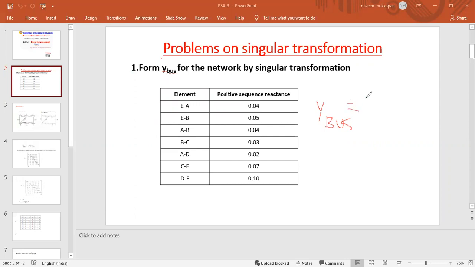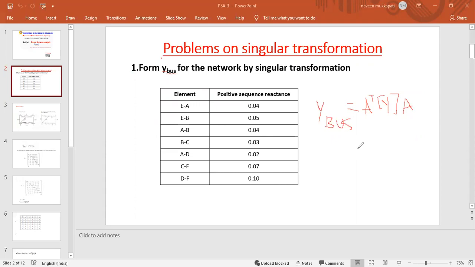Where A is the bus incidence matrix. First of all, A bar.